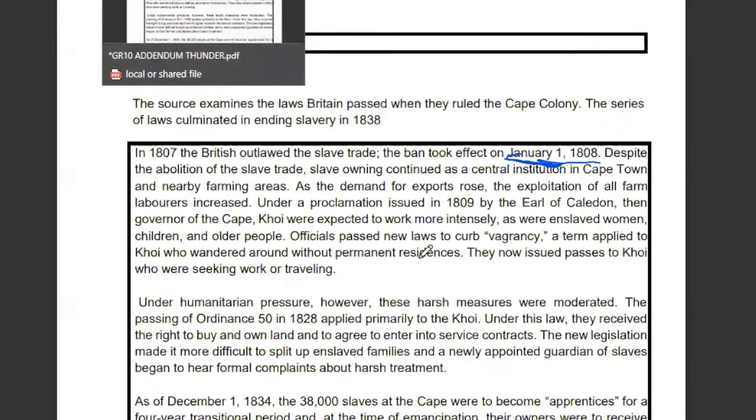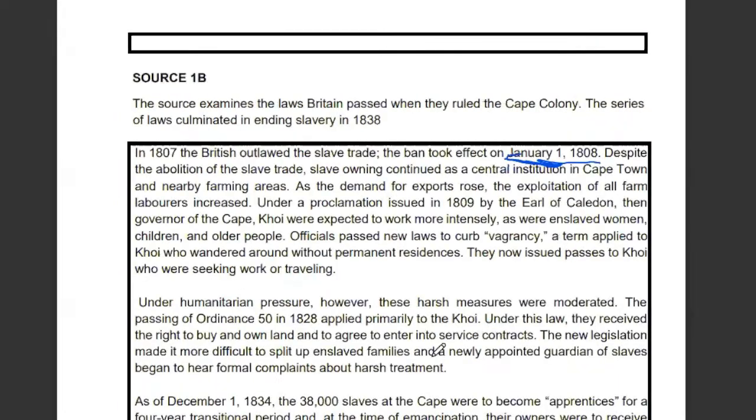We're going to quote. Right, it says here, as the demand for exports rose, the exploitation of all farm laborers increased. So the reason that we can quote here is: as the demand for exports rose.